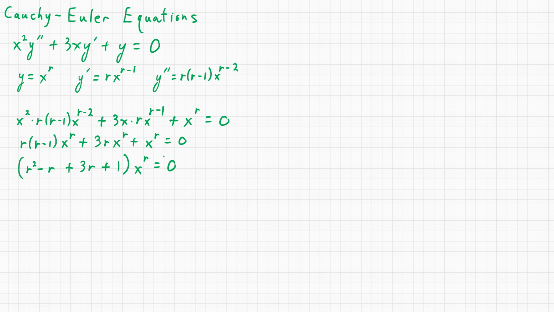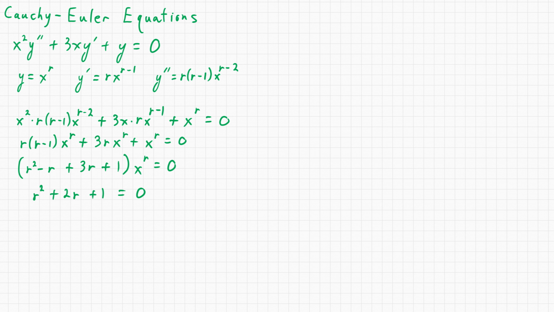All right, so our only option to get this to work for all x's is this polynomial here has to be 0. So we have to pick our r values for that. Let's see, r squared, I have a minus r plus 3r, so that's plus 2r, and then plus 1 equals 0. And I think I can factor that one.